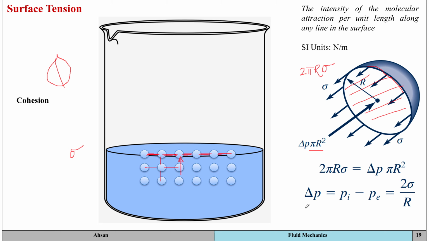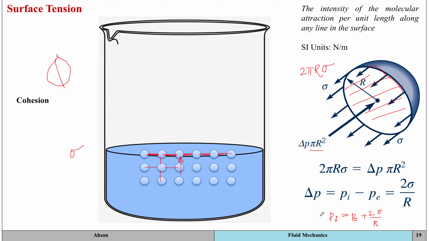So what does this equation tell you? It tells you that the pressure inside the drop is greater than the pressure surrounding the drop. Why is that? Because if you take Pe onto the other side, Pi is going to be equal to Pe plus another term, which means that Pi is most definitely going to be greater than Pe.